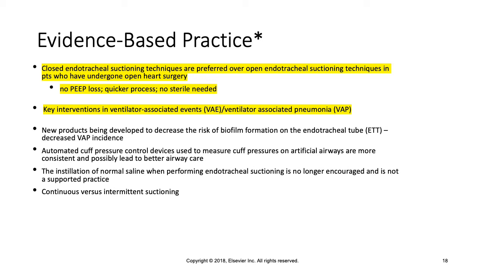Additionally, research advocates for automated cuff pressure control devices to measure the cuff pressures on the endotracheal tubes and the tracheostomy tubes. And that's been shown to lead to better airway care. As I mentioned before, respiratory therapy will usually monitor these cuff pressures, but you may work in a facility in which you're trained in the ICU and how to do this.